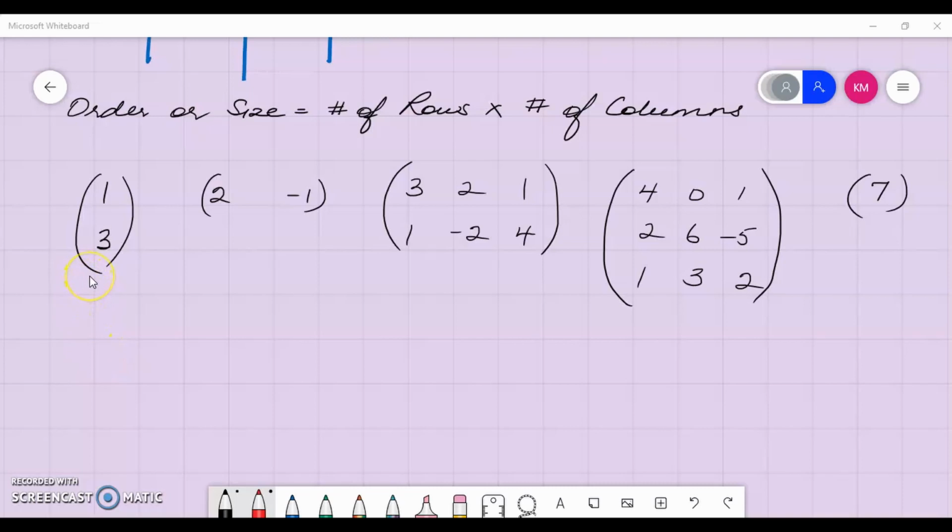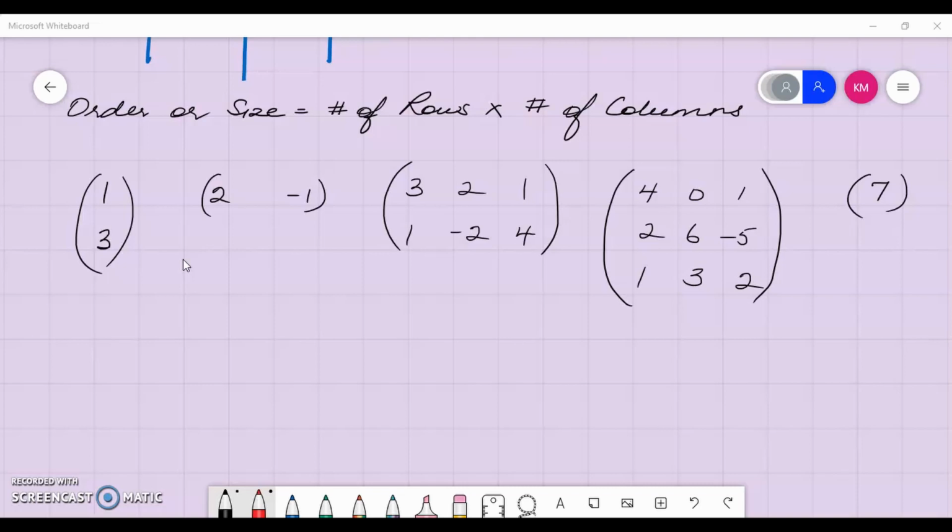So here you have 5 matrices, and you would notice that the arrangement of numbers is enclosed in a bracket for each one of the matrices, and that is how a matrix is usually presented. So the arrangement of numbers is enclosed in brackets, whether it be a curved bracket or a square bracket. So we are going to determine the order or size of each one of these matrices.